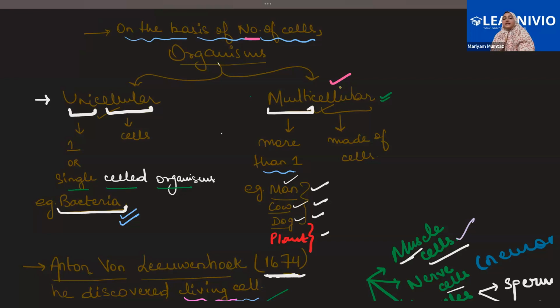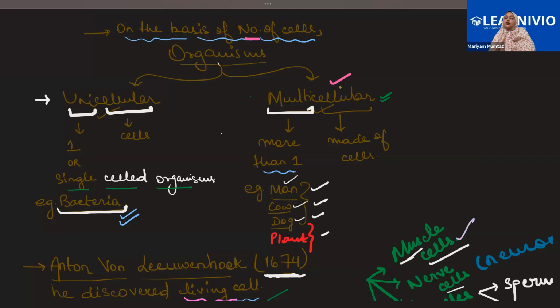And then there are multicellular organisms, which have multiple cells. Many cells come together to form a tissue, many tissues come together to form an organ, and multiple organs come together to form an organ system. Slowly the organization increases. But in a unicellular organism it stays the same, meaning only one cell serves as everything.